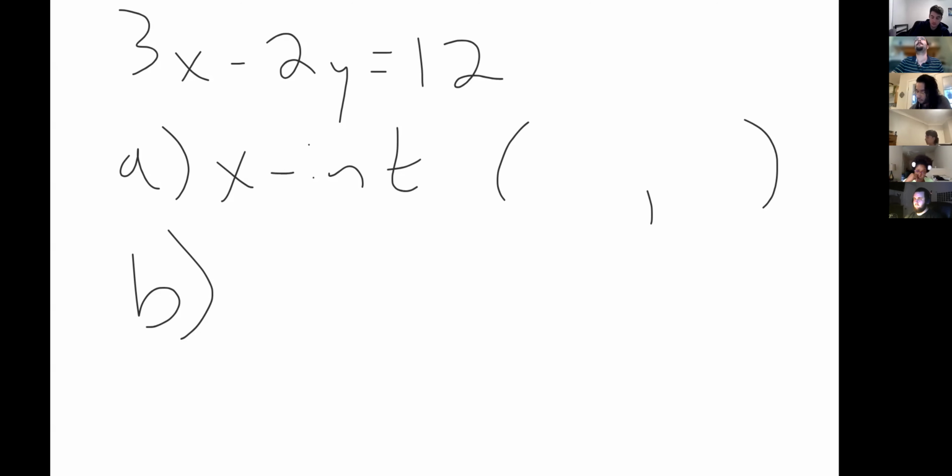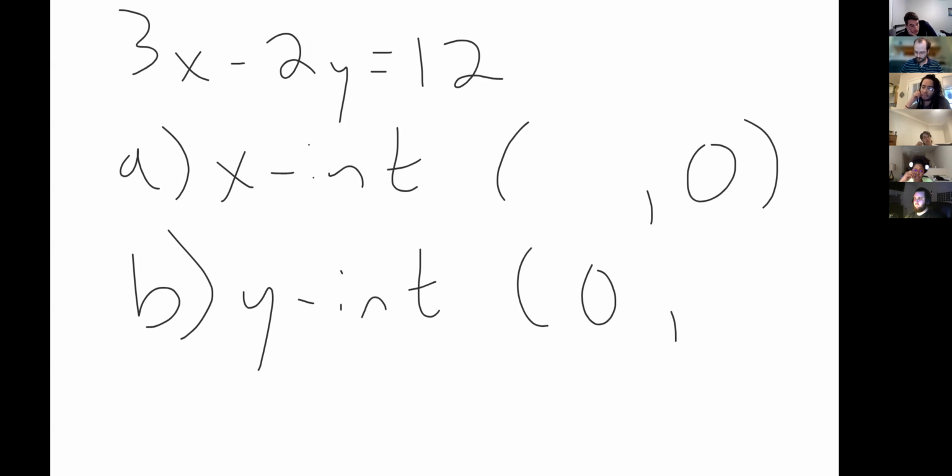What I did was, to find my X value, I just put 0. And then I divided the -2 with the 12 and it came up -6.